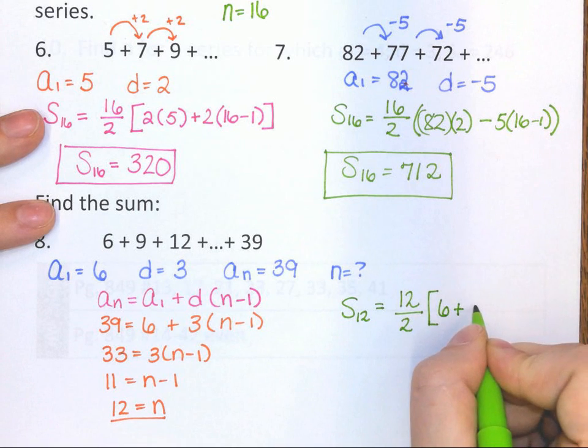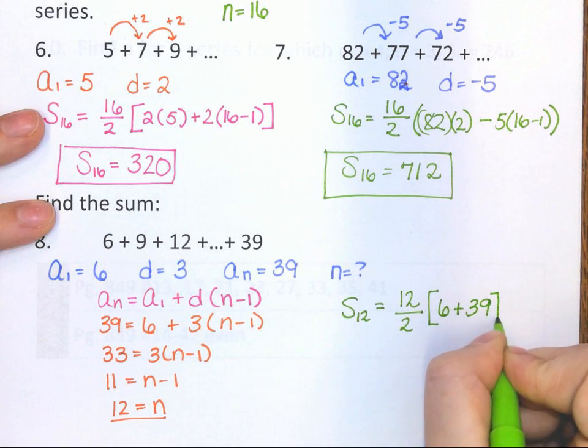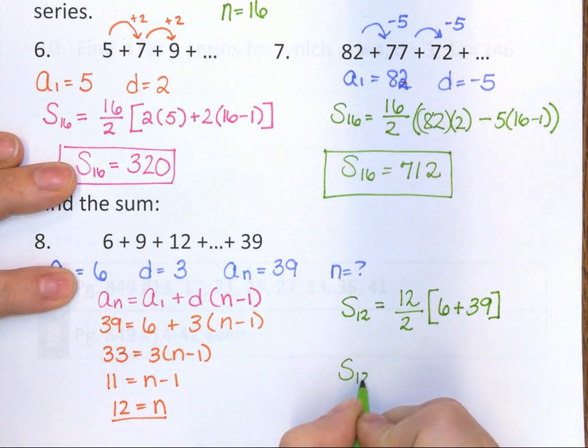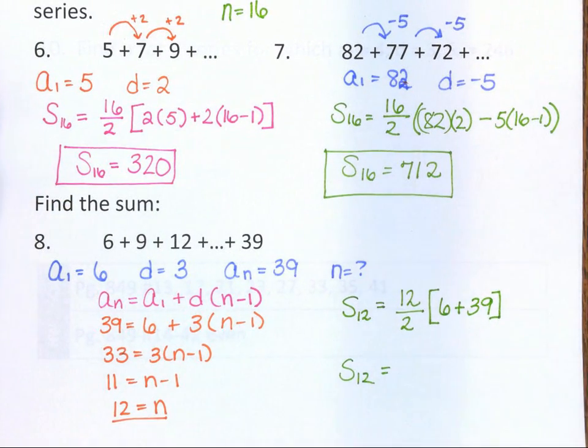The last number? Evaluate. Plug it into your calculator. Tell me what you get. What do you get? 270.